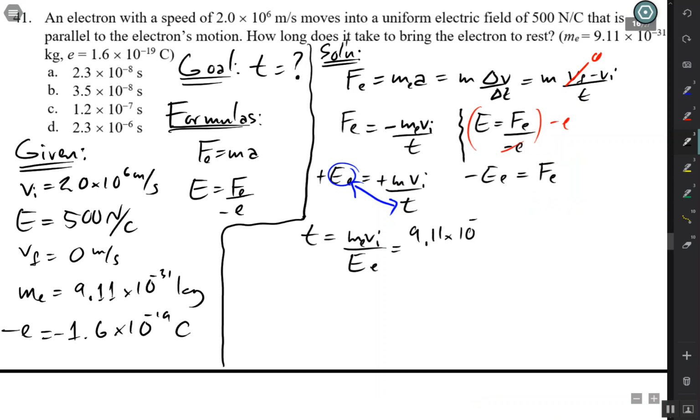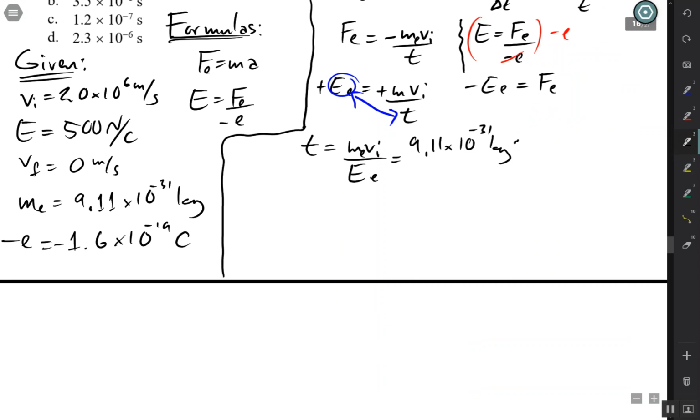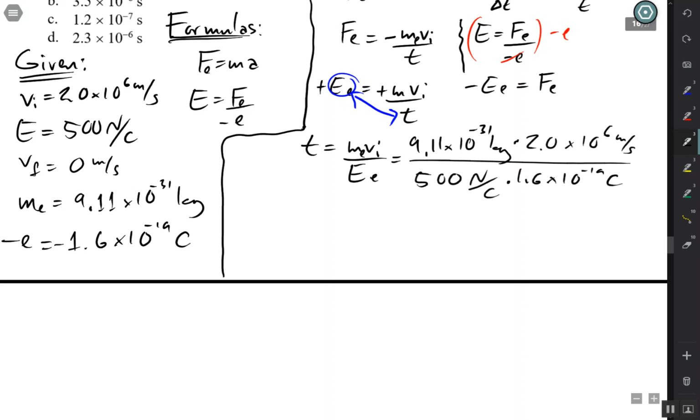And so let's write all the numbers out. All their glorious numbers. Pardon my handwriting. Let's avoid parentheses. Remember our given, meters per second, and electric field strength is 500 newtons per coulomb times 1.6 times 10 to the negative 19 coulomb.